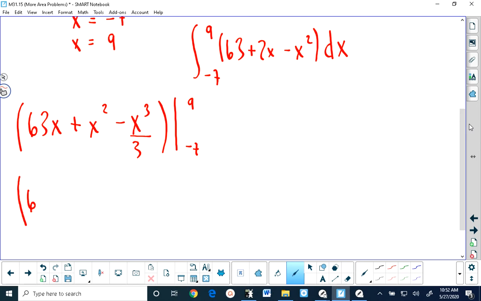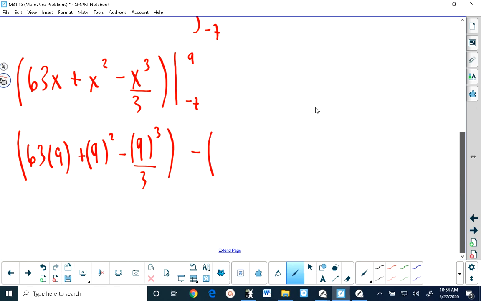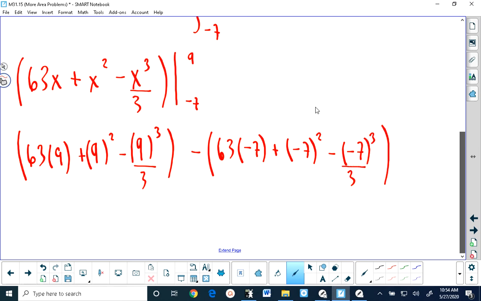We're going to have 63 multiplied by 9 plus 9 squared minus 9 cubed over 3. Now, of course, we subtract the same thing at -7, so we will have 63 multiplied by -7 plus -7 squared minus -7 cubed over 3. Same thing I've always tried to teach you: when you do substitution, use a set of brackets around everything you substitute.